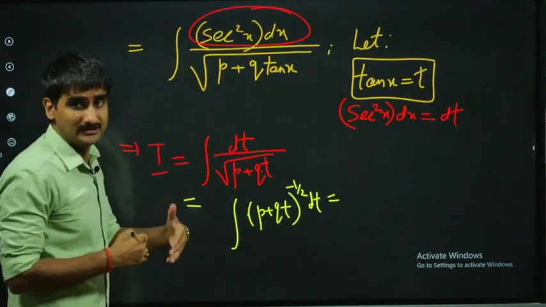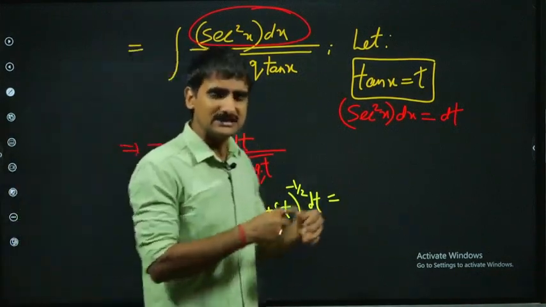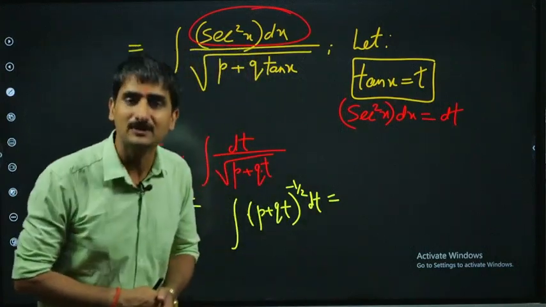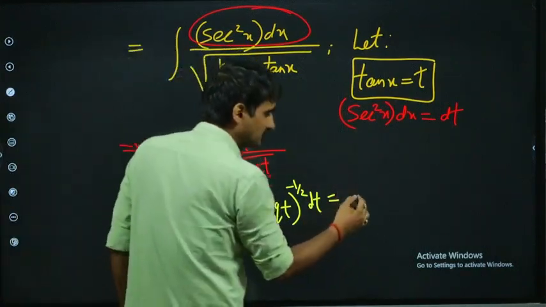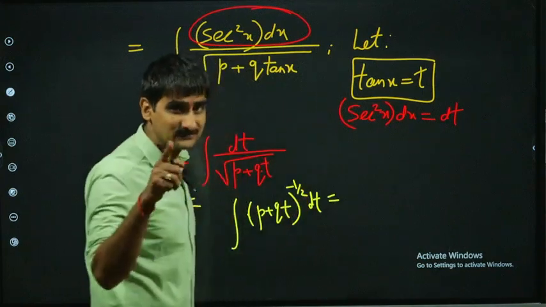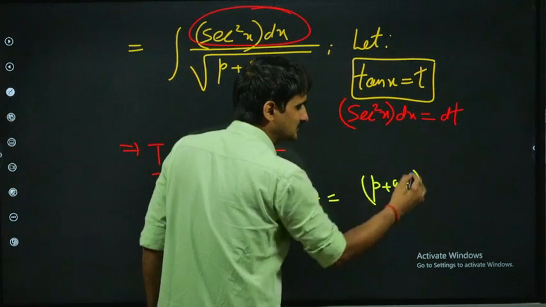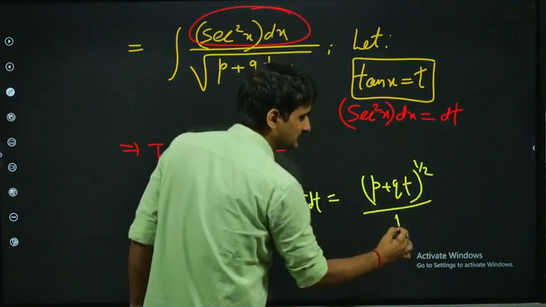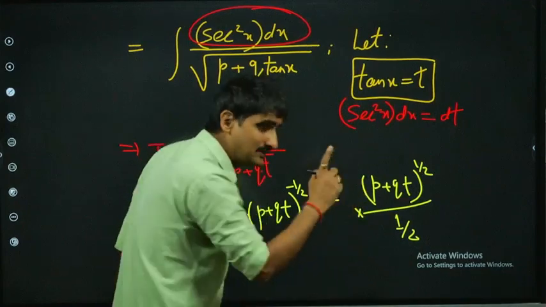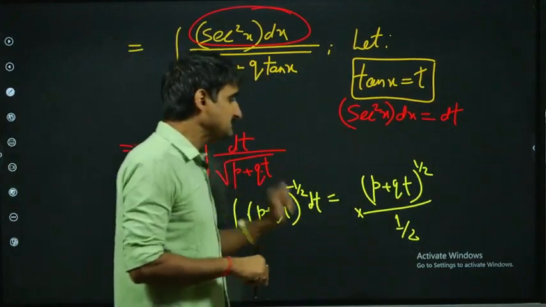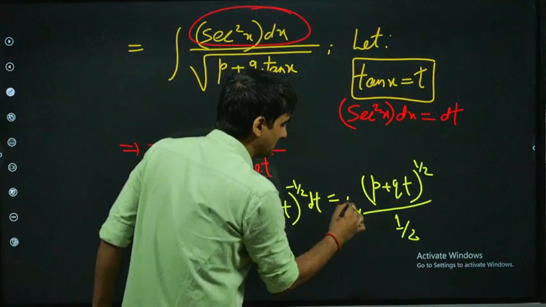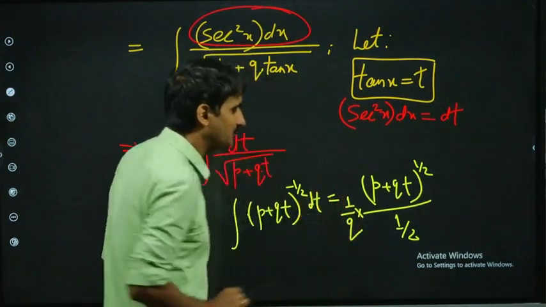The integral of t raised to the power n is t raised to the power n plus 1 upon n plus 1. So you will get n plus 1, minus half plus 1 will be half, so you will get p plus qt raised to the power half upon n plus 1, which is half. And since the variable of integral, which is t, is being multiplied by a constant, it will appear as a product in the denominator also.